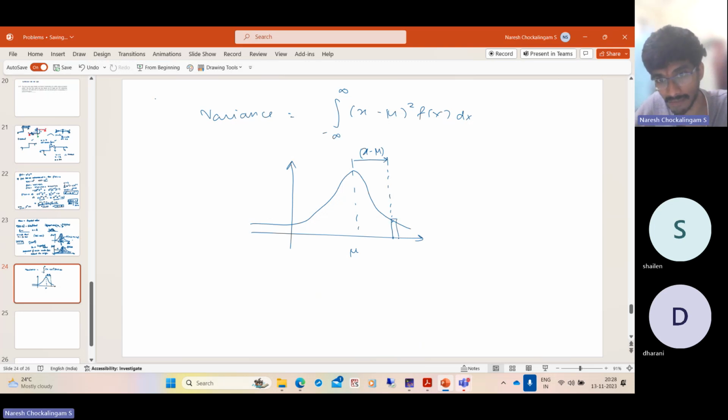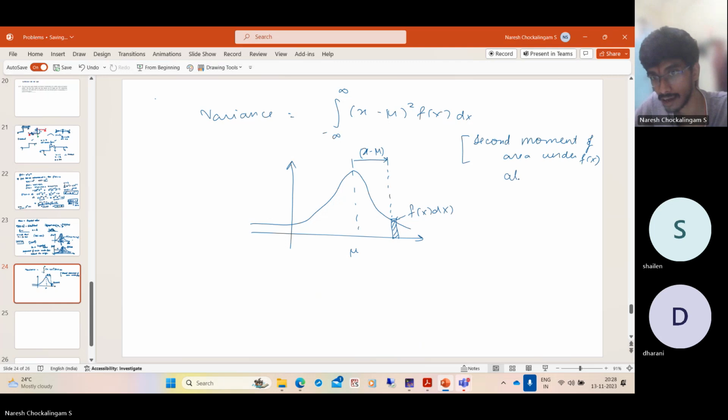At a distance of x minus mu, you have an area f of x dx. So you take this strip, x minus mu the whole square, on both sides, and run it from minus infinity to infinity. So it is the second moment of the area under the curve about the mean itself.